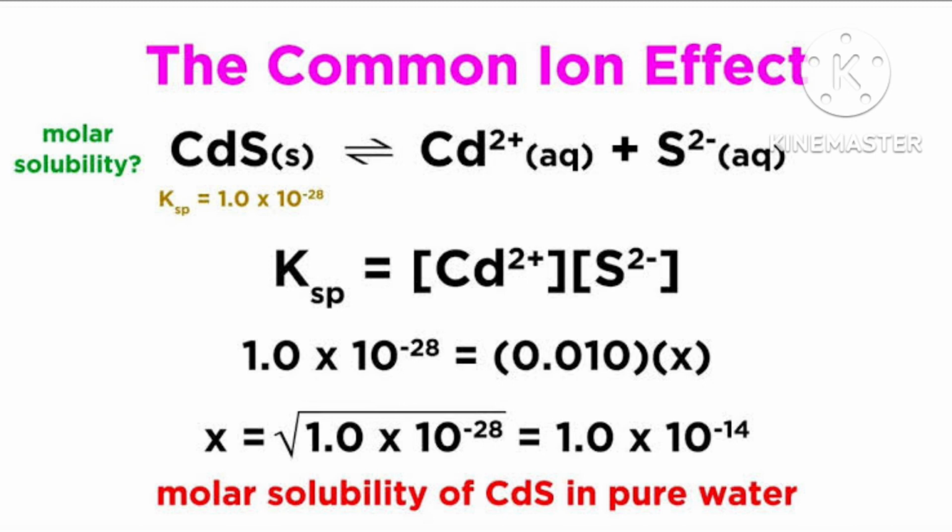Then what is the solubility product value of nickel hydroxide? It is already given, 2 into 10 to the power minus 15.